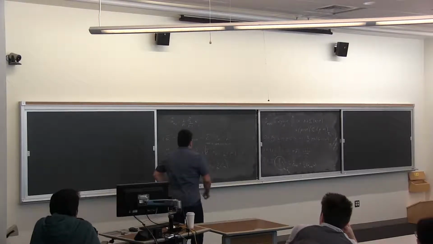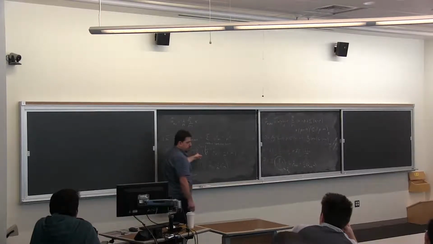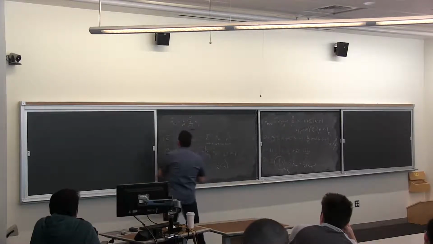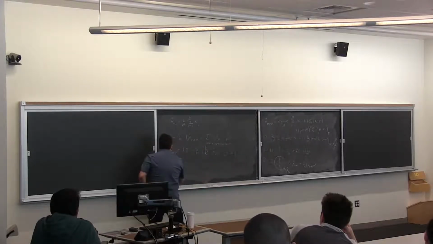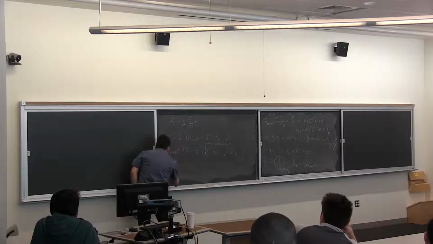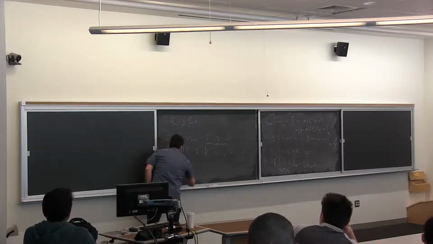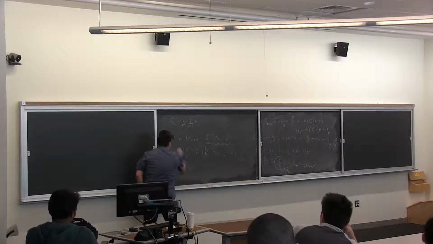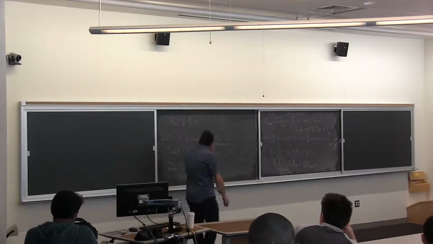So let's look at what happens here as the number of samples goes to infinity. I'm going to take the limit as n goes to infinity of my MAP estimator, which is a sequence indexed by n.